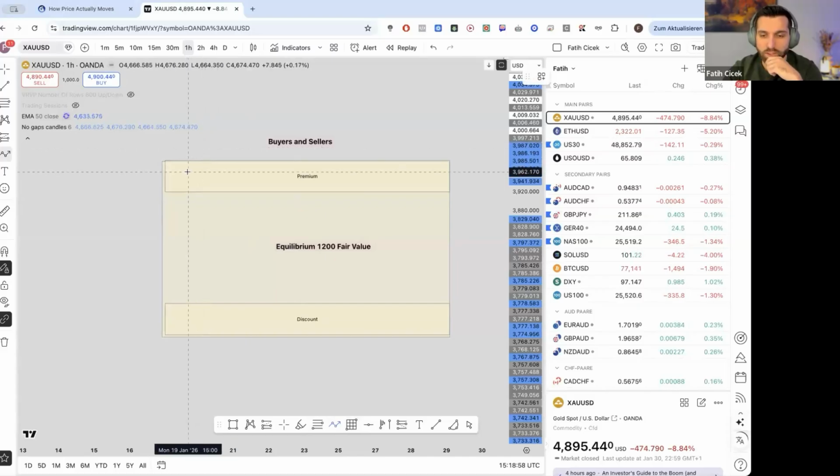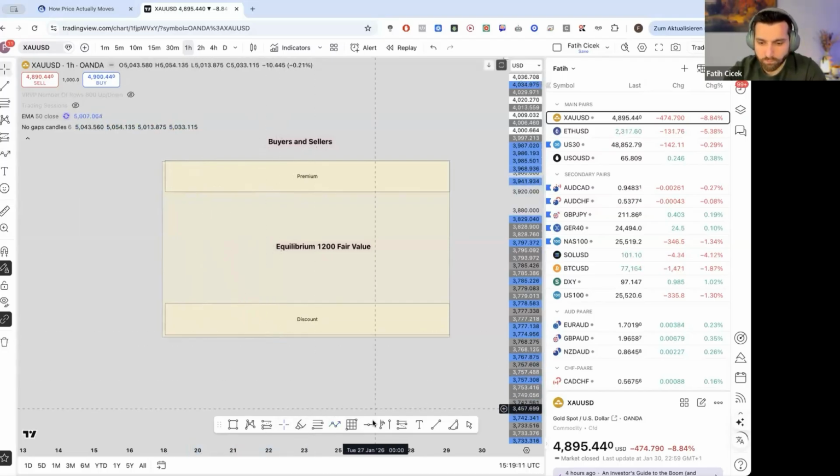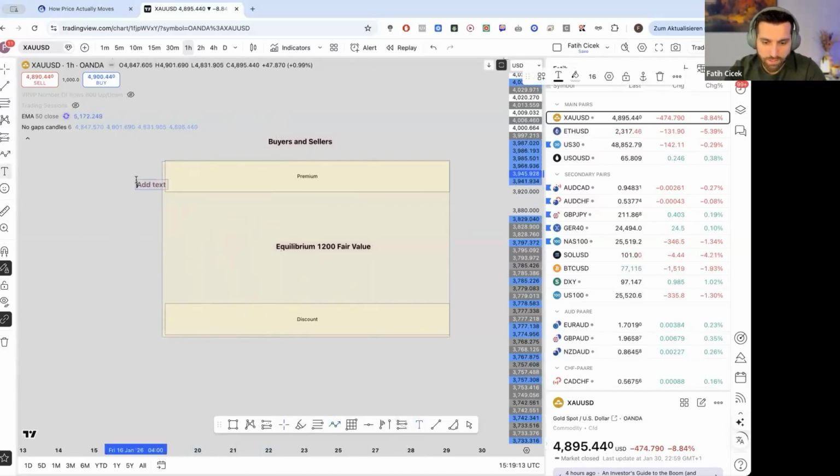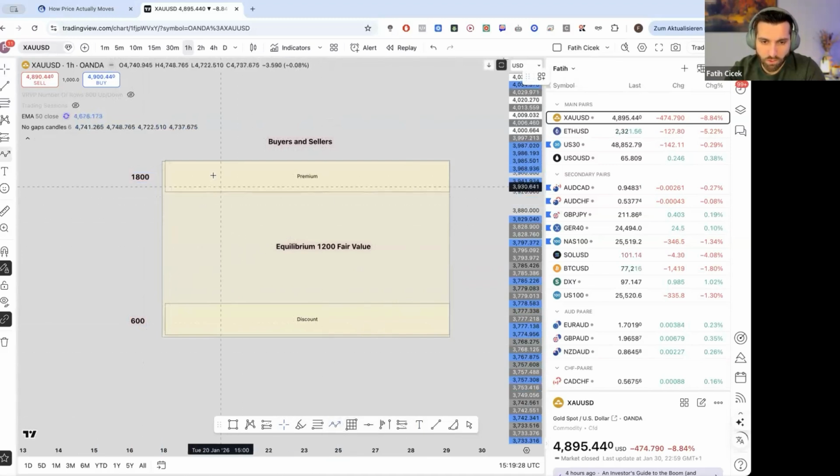Imagine you're in an open auction. You're looking for anyone who is willing to buy that iPhone for $1,800. So we're just going to assume that this is 1,800, and then the discount could be 600. That's the discount price, and then 1,800 is going to be the premium price. All right, guys.